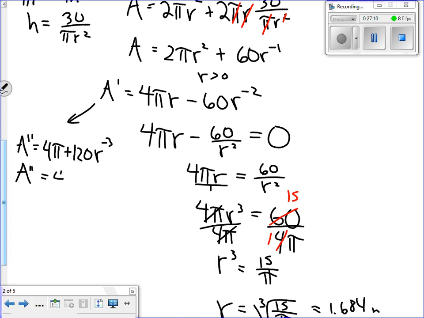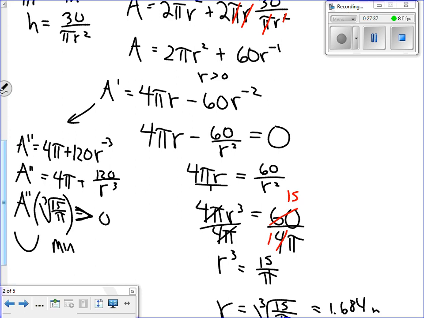So it's 4 pi plus 120 over r cubed. If I took that number that I got, the cube root of 15 over pi, it's positive, that's all I care about, and I plugged it into the second derivative, both terms are positive, so that's definitely positive, which means my surface area function's concave up there, so I do have a minimum surface area when I let r equal the cube root of 15 over pi.